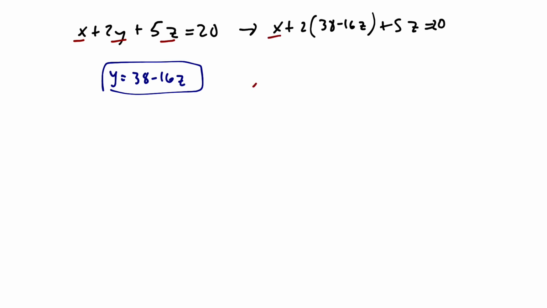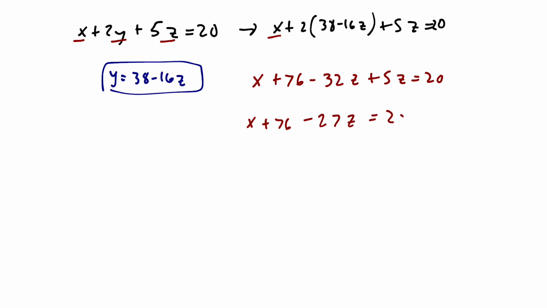So simplifying this first, x plus 76 minus 32z plus 5z is equal to 20. Therefore, we'll get x plus 76 minus 27z is equal to 20. So x is going to be equal to negative 56 plus 27z.